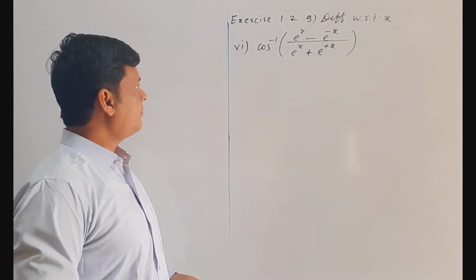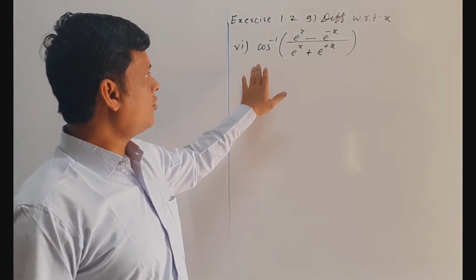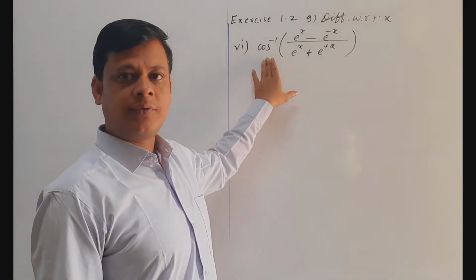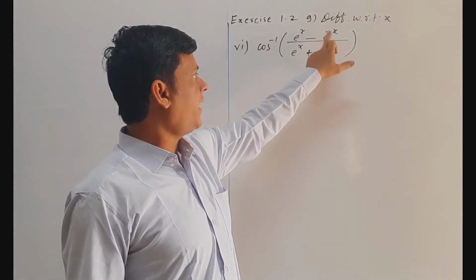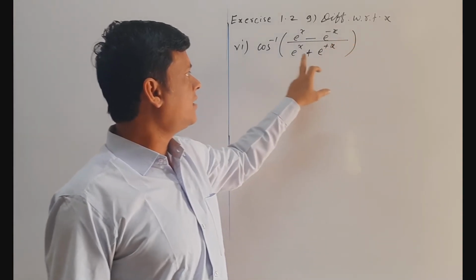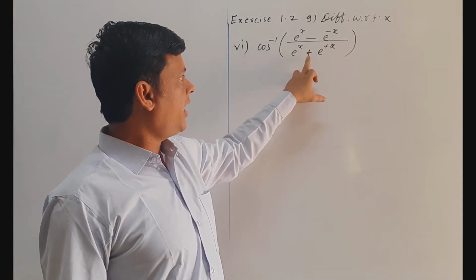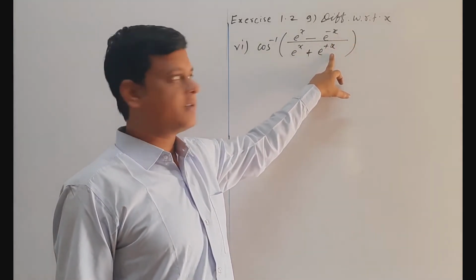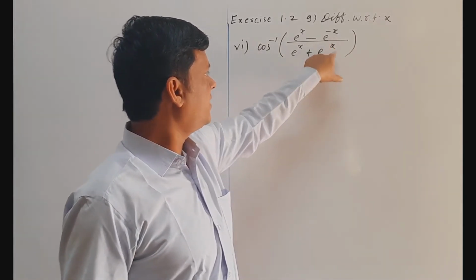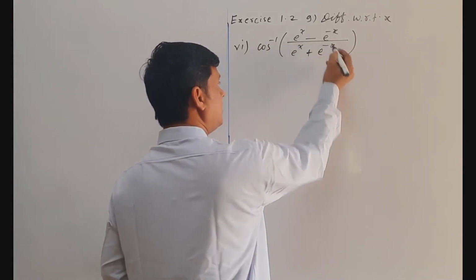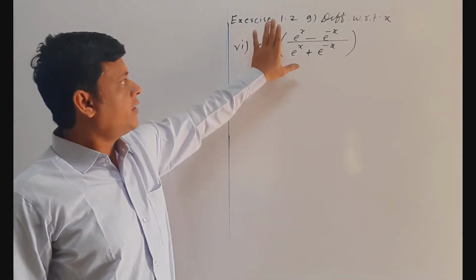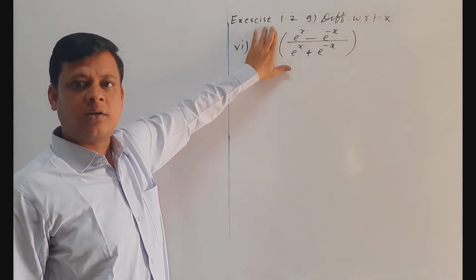Now see the next sub question. We have to differentiate cos inverse of e raised to the power x minus e raised to the power minus x upon e raised to the power x plus e raised to the power minus x. Now we solve this bracket.